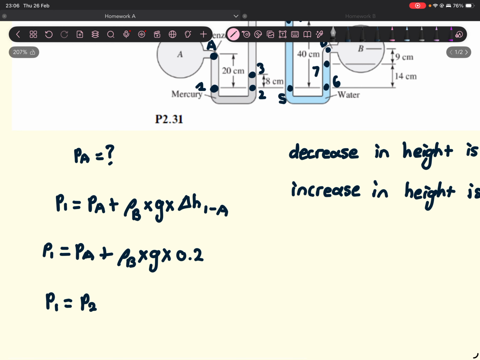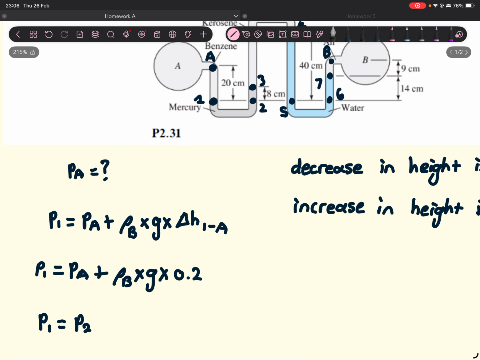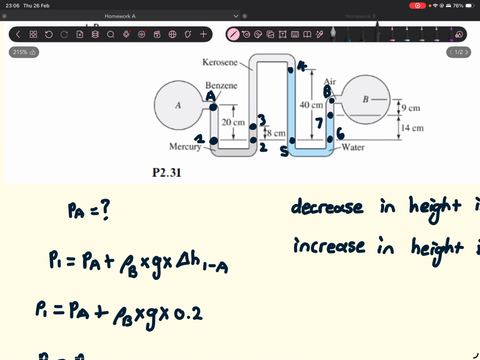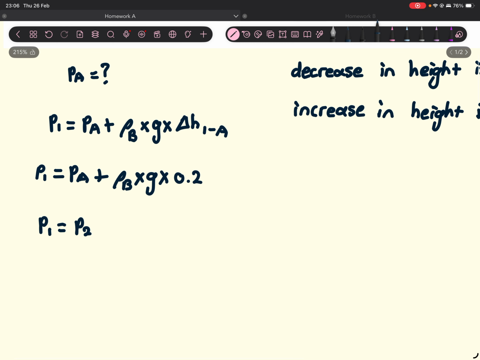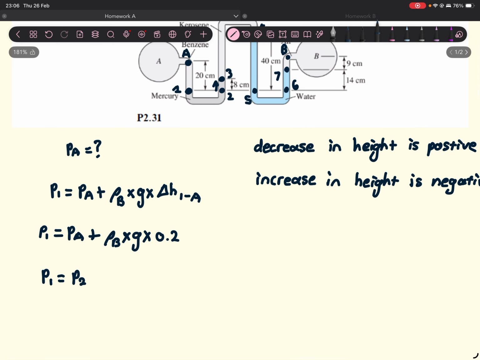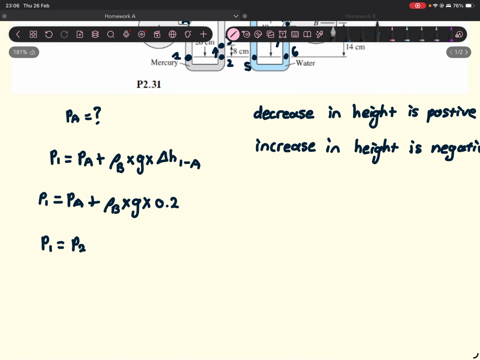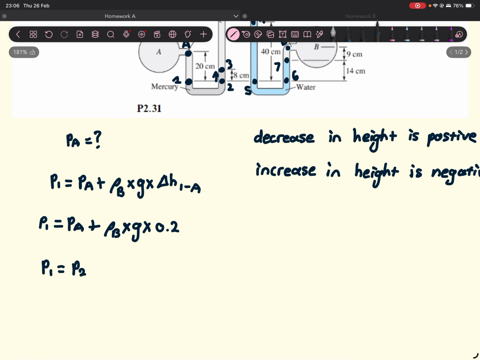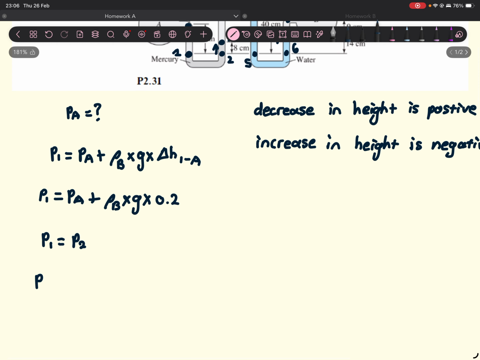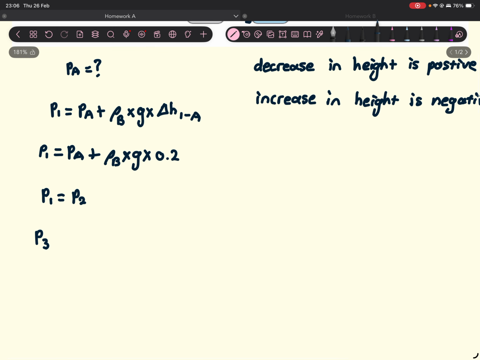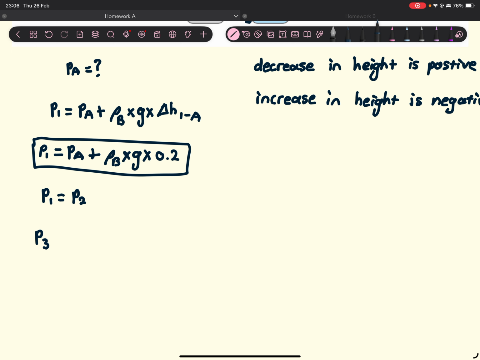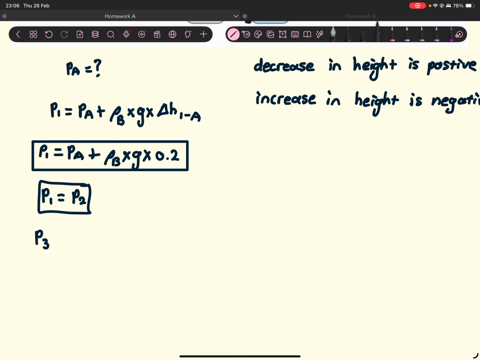Hopefully that makes sense. And then we want to move from 2 to 3, and we're going up, so we're going to subtract, so our height will become negative. So we want to calculate P3 now. We have an expression for P1, and we said this expression for P1 is equal to P2.